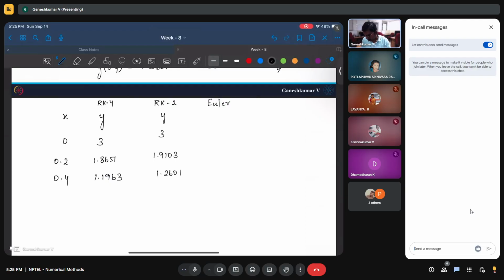It's 1.6 and 0.8207. And finally the Picard's method also I will write down here. Y is 3.